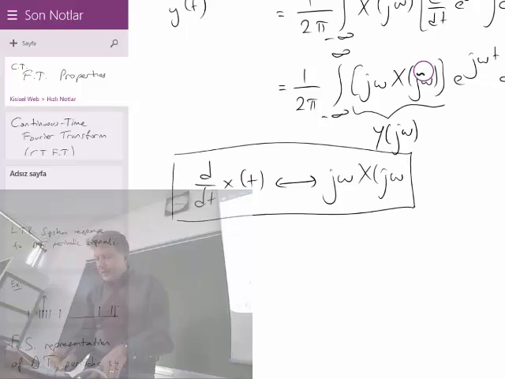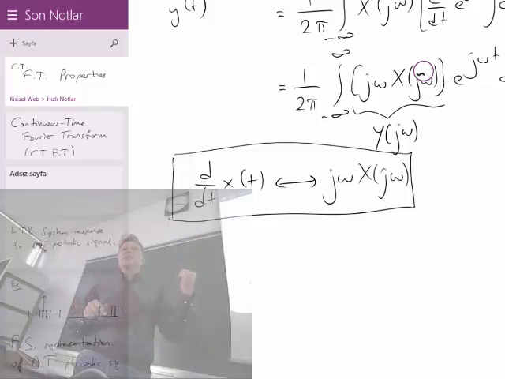This is what is happening. The time signal is differentiated in time, and the Fourier transform is multiplied by j omega. The same property was valid for the Fourier series. Do you remember that? It was j times k times omega 0 times a_k.